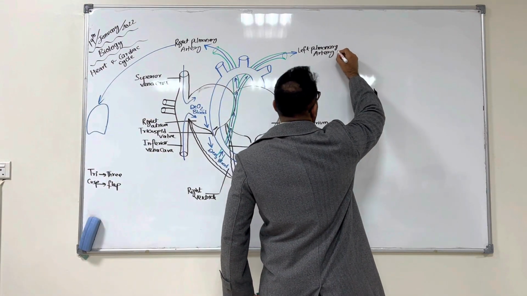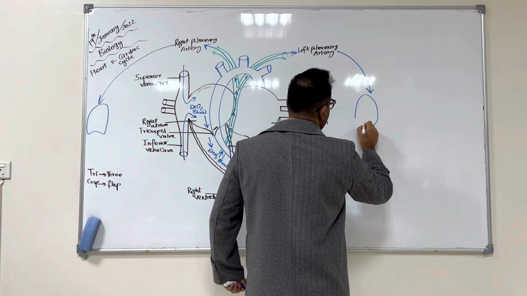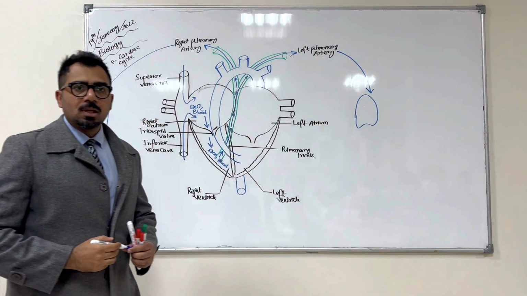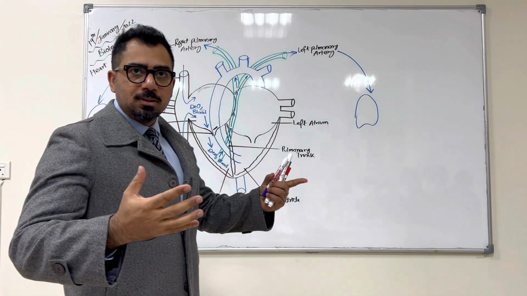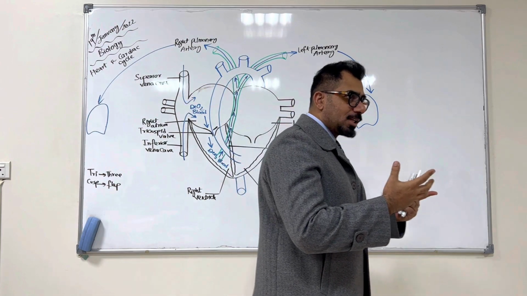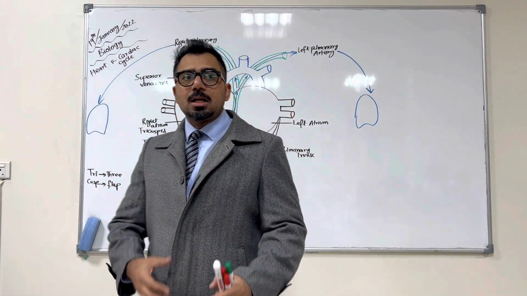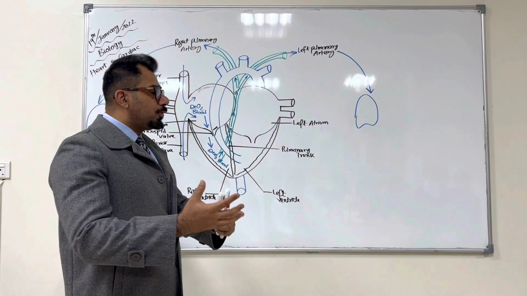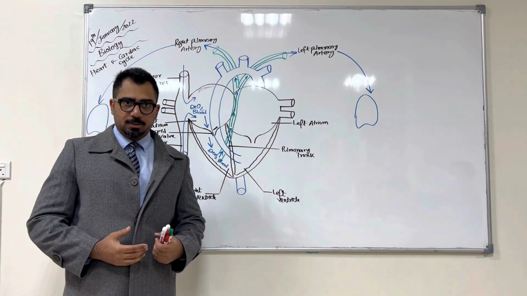And the left pulmonary artery will take the blood to the left lung. In the lungs, what will happen? Oxygenation will happen, right? Due to partial pressure difference, as we learned yesterday, exchange of gases will take place. Carbon dioxide will be removed from the blood and oxygen will be taken up by the blood.